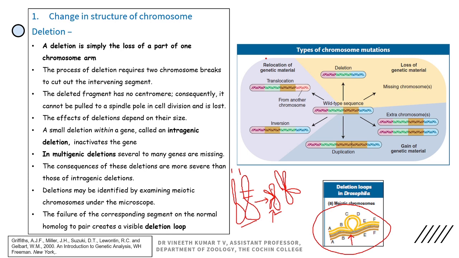As a result, they do not have complementary regions here, so they will not pair up. That is, the homologous portions of this particular homologous pair, the C and D, are missing. Because this is not present in the deleted one, the C and D in the normal chromosome, the normal or undeleted chromosome, this particular portion will loop out, because it cannot be involved in crossover, because in the deleted one the homologous regions are not present.